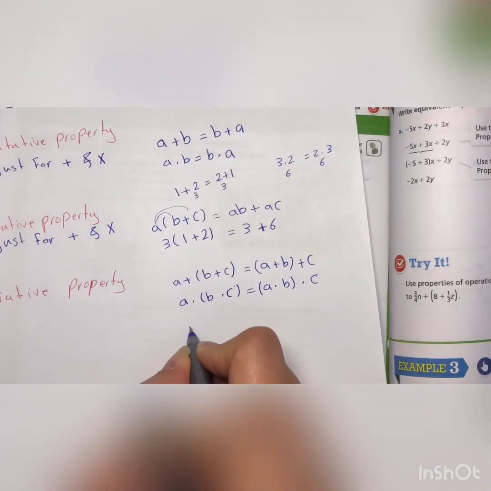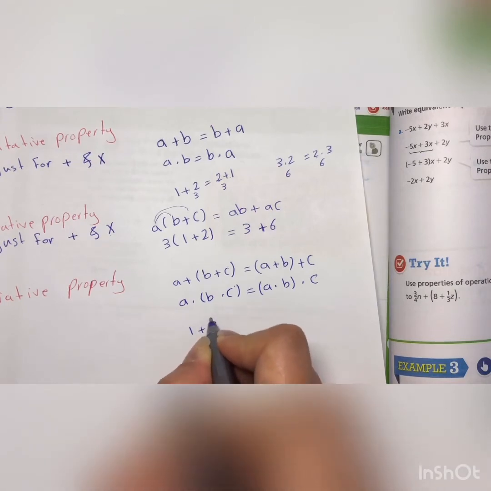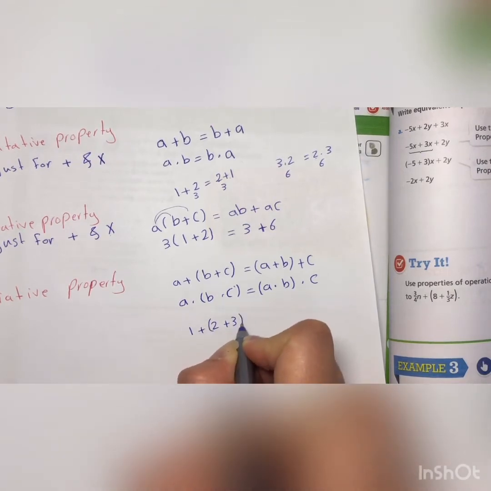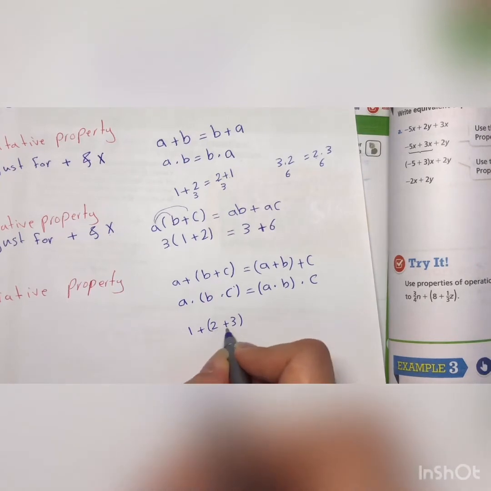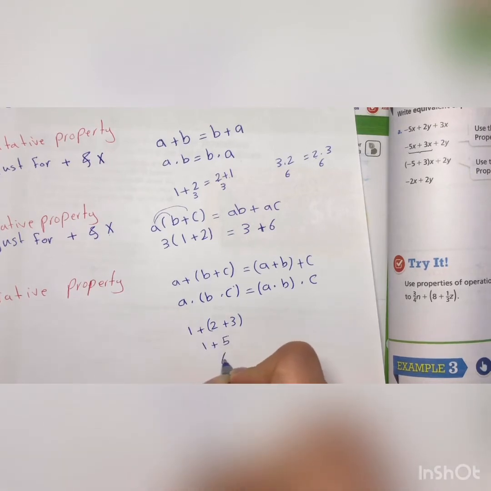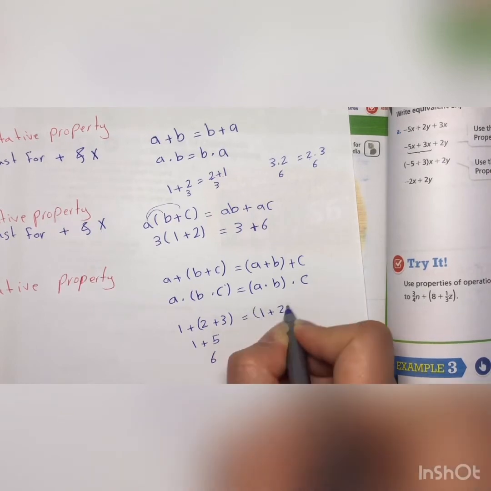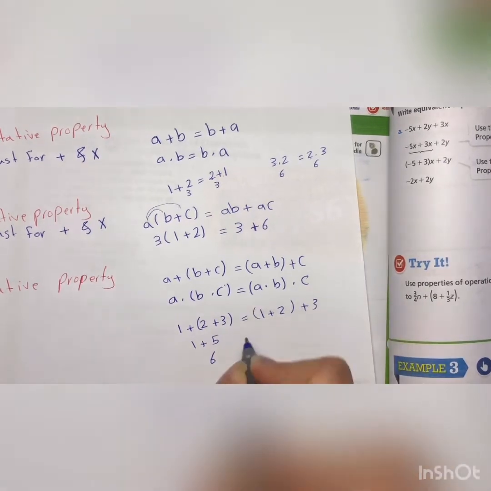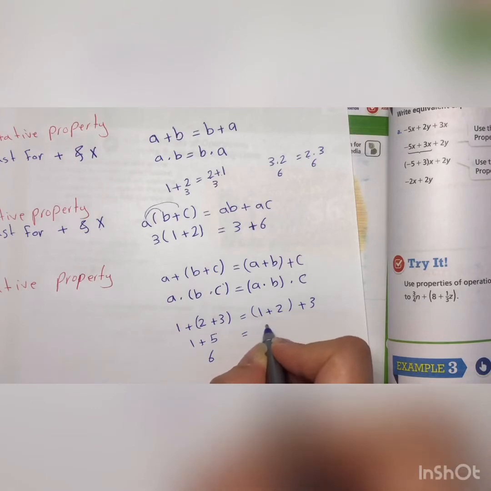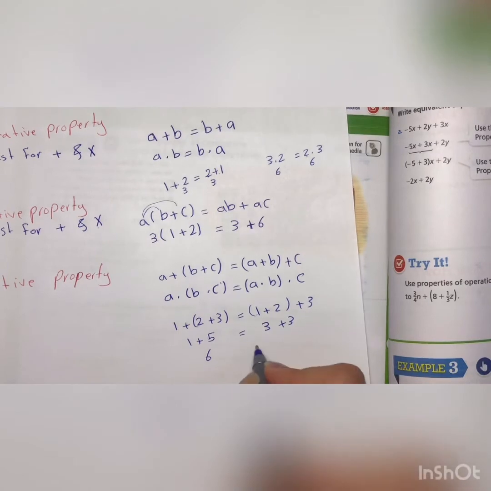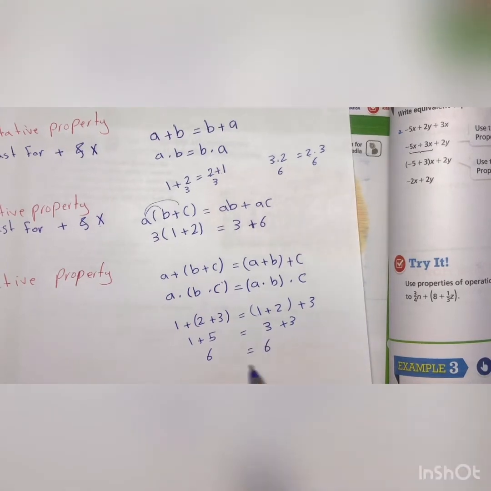For example, 1 plus 2 plus 3: 2 plus 3 equals 5, and plus 1 equals 6. Also, if I have 1 plus 2 in parentheses plus 3, 1 plus 2 equals 3, plus 3 equals 6. That means it is the same.